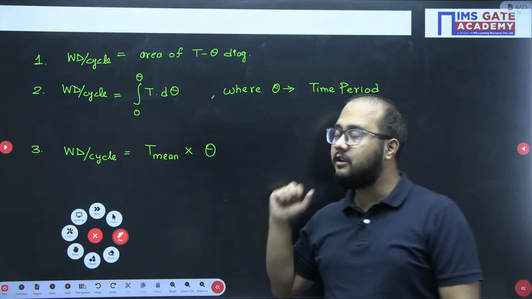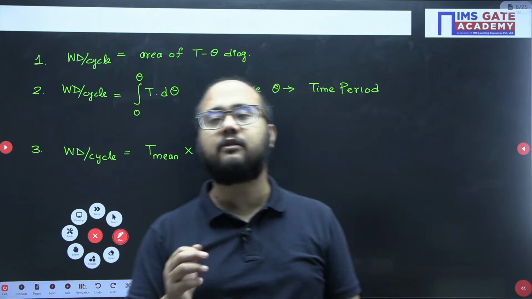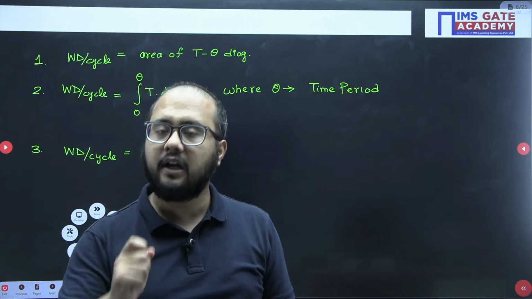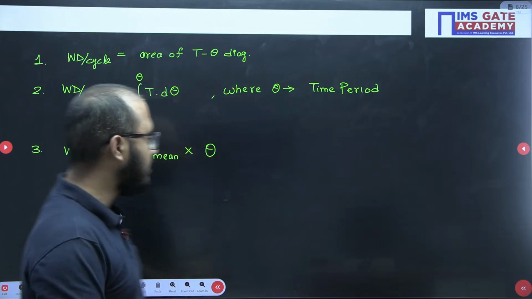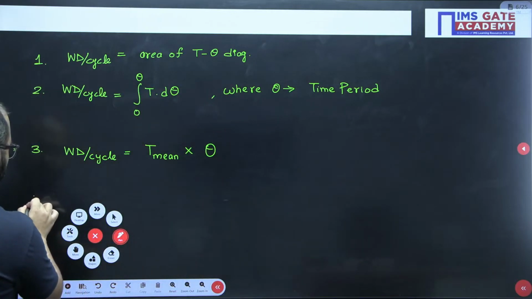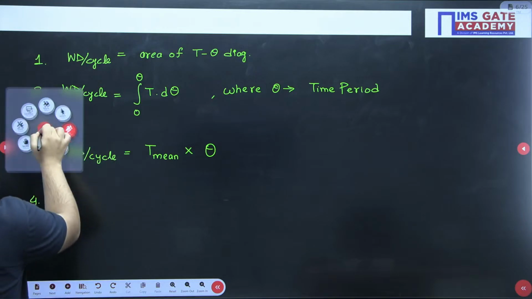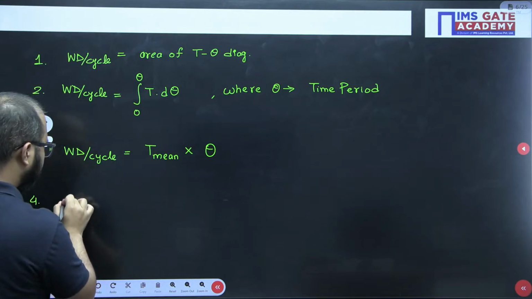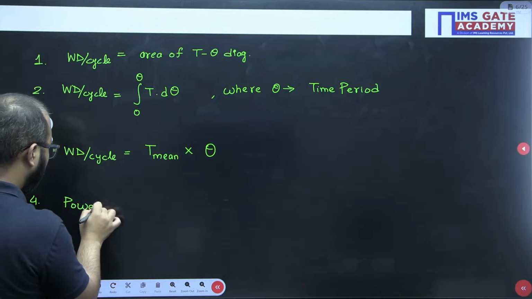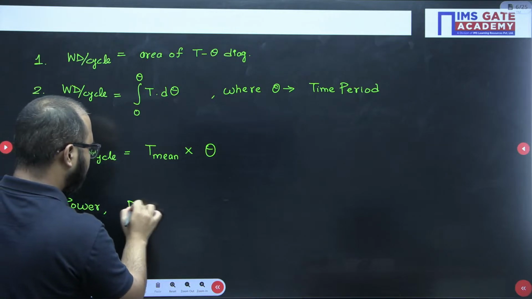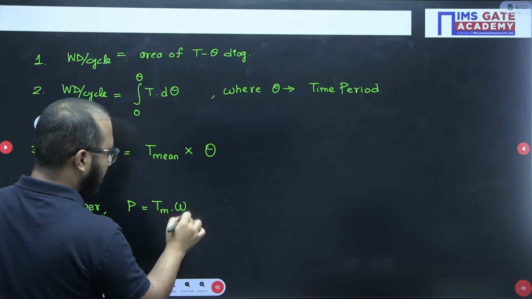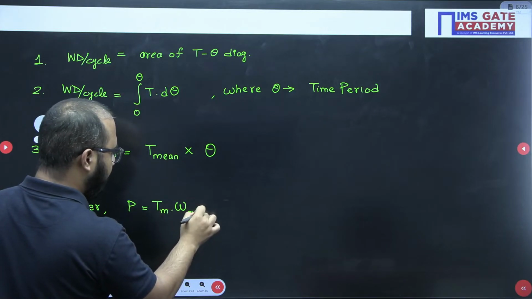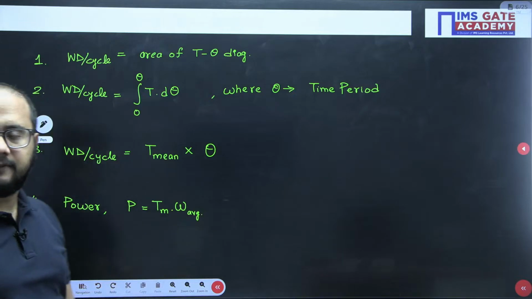Now, why is mean torque important? Sometimes they will ask to calculate the power. In order to calculate power, we need to know the mean torque value. This is a very important statement. So how to calculate it? Power will be equal to mean torque multiplied by omega, and obviously this omega will be omega average, or mean also we can say.